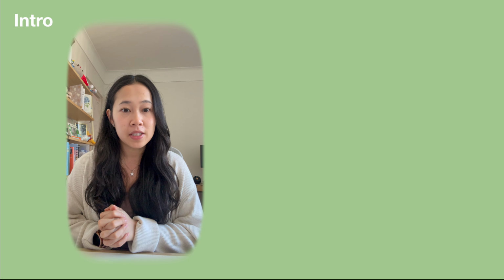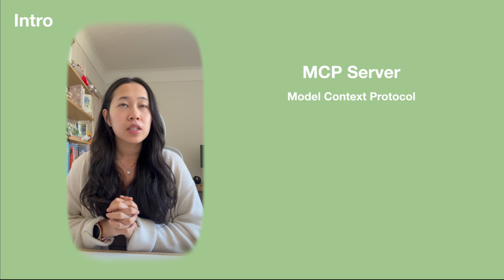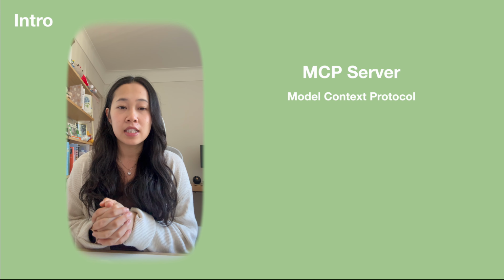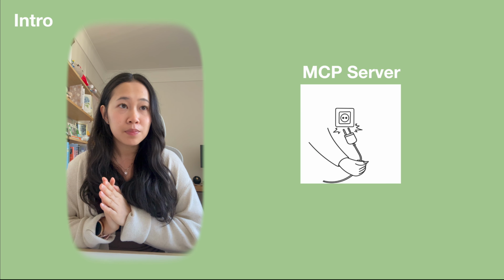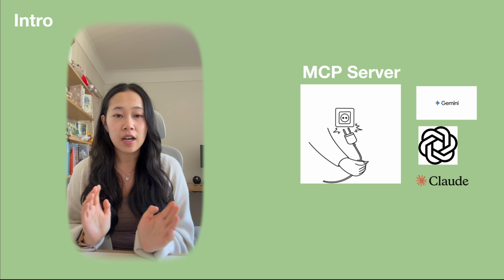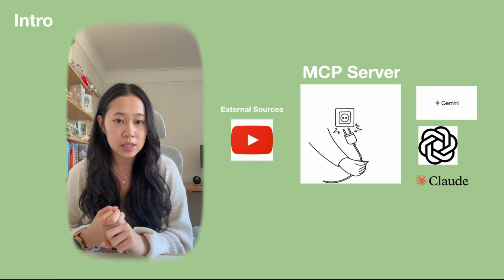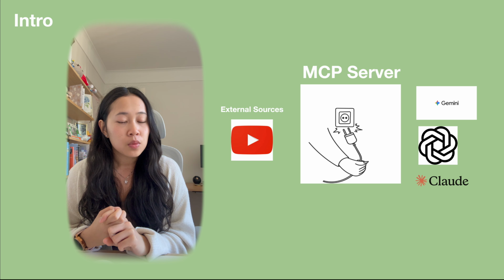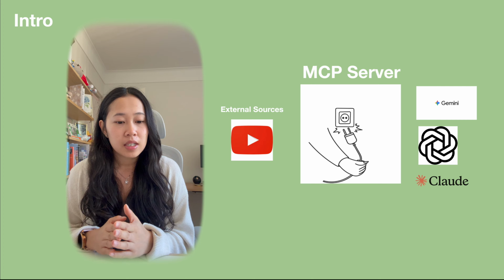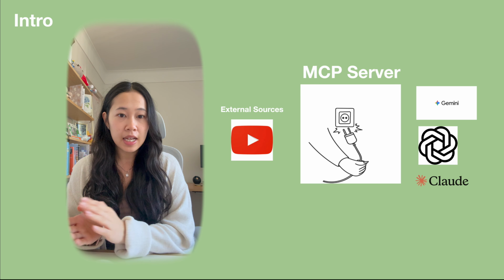So I decided to learn about MCP servers, and an MCP server is basically a universal plug, and this allows AI models to connect with data sources and external sources. It basically acts like a bridge.